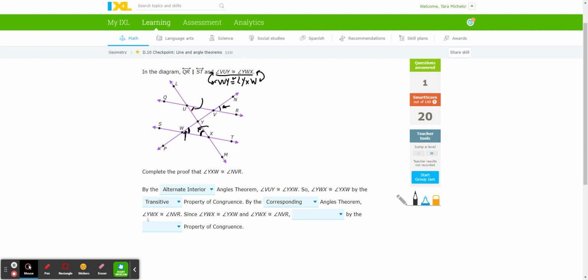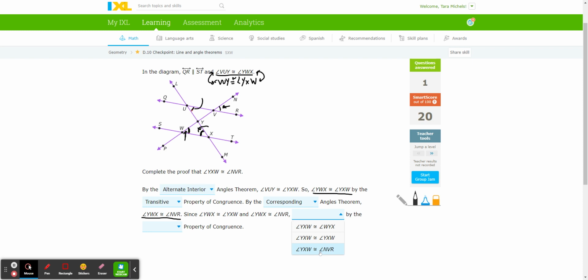All right. So notice we proved that YWX was equal to YXW. Now we said YWX is congruent to NVR. We can now state what we were trying to conclude.